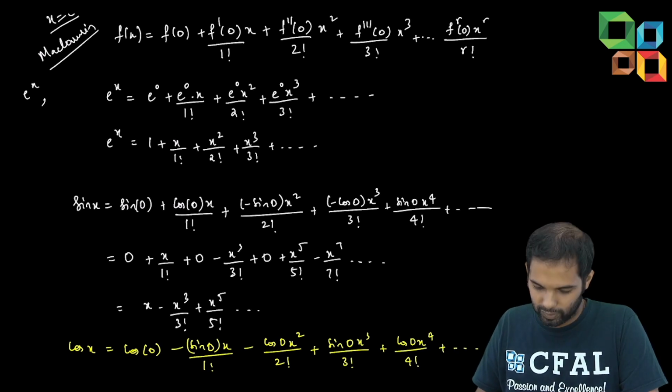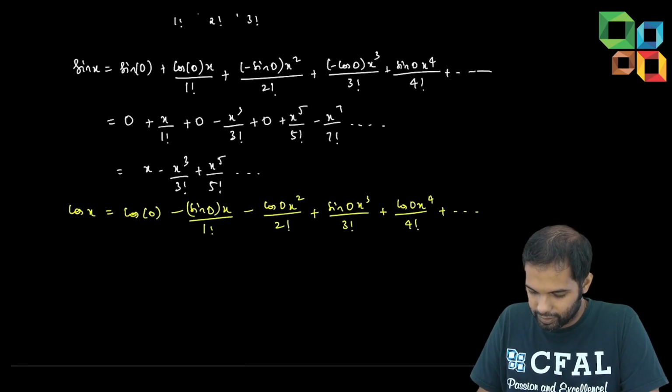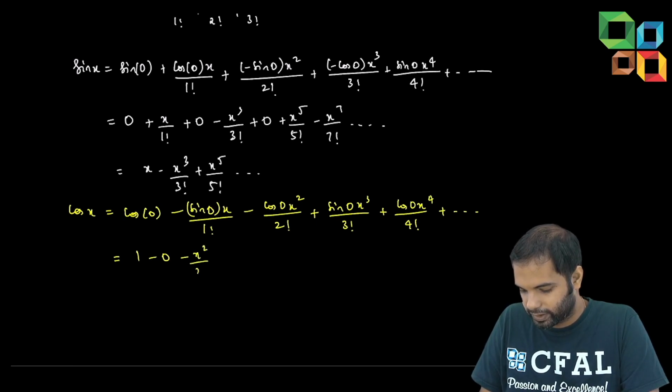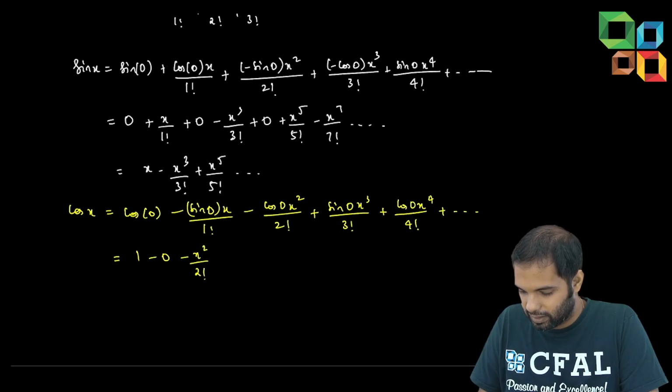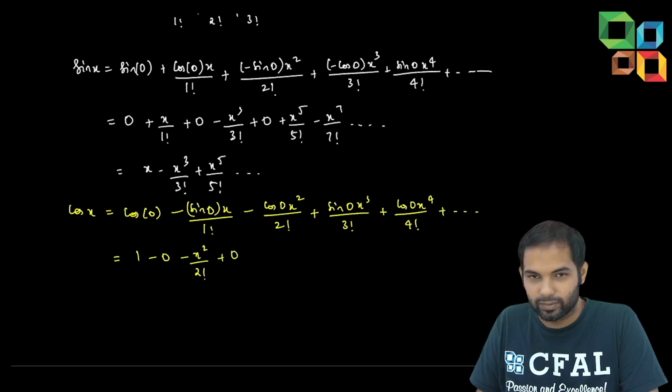You can continue. Let's just simplify. So this is cos 0, which is 1. Sin 0 is 0. Cos 0 is again 1, so it's x square by 2 factorial. The next term is sin 0, so again it is 0.